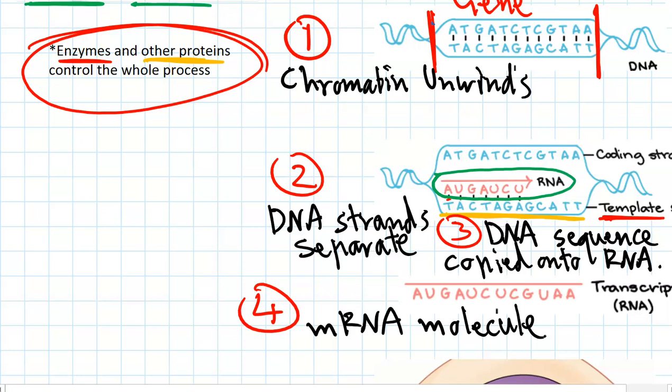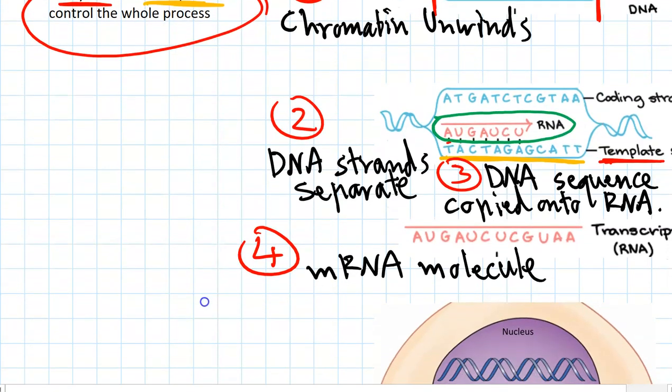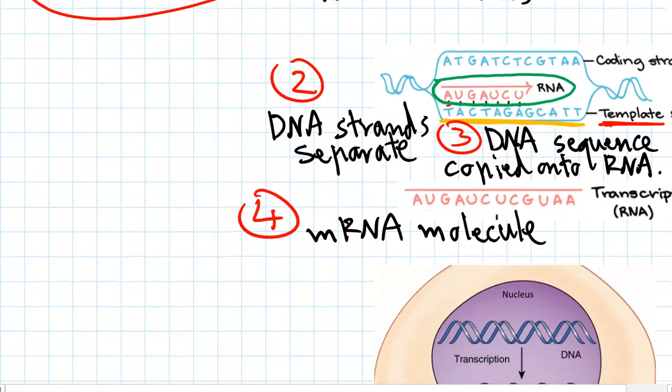So here's our mRNA molecule, and now it has to go and find a ribosome to actually make a protein. If we're going back to our cookbook analogy, this is the person holding the copy of the recipe, and they need to take it to the kitchen to make the cake.